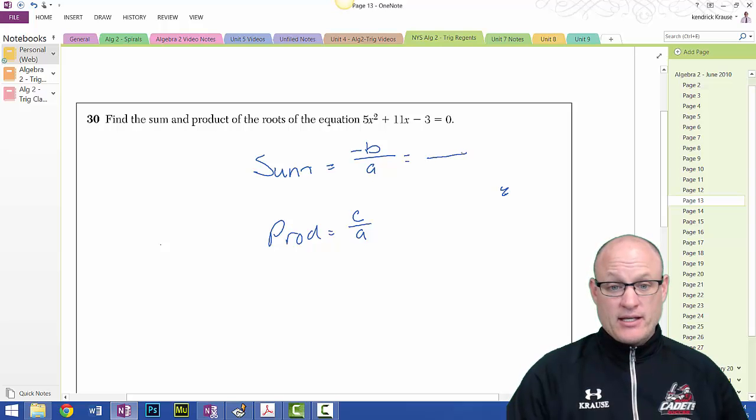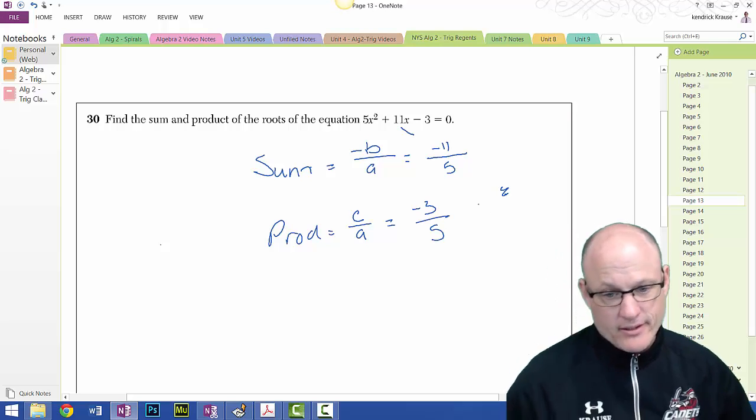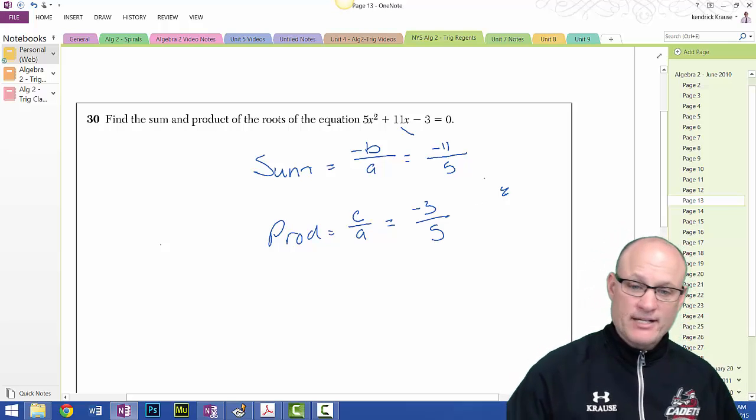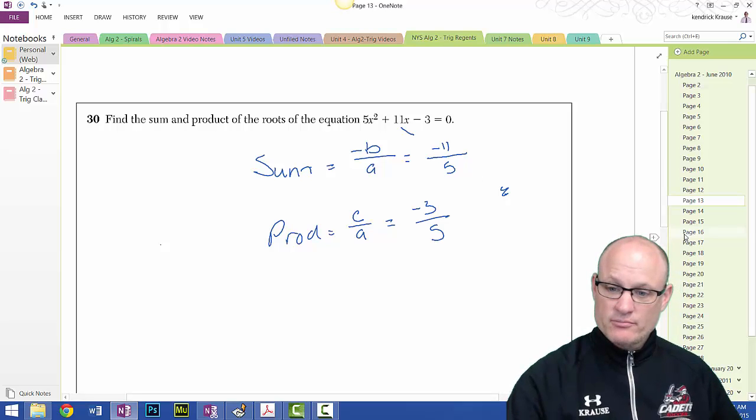And I get the sum here is negative 11 over 5. And the product is c over a, which is negative 3 over 5. There it is. That's all she wrote. That's done. Memorize those.